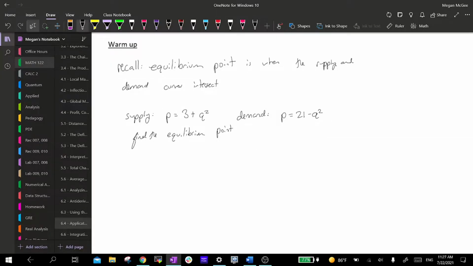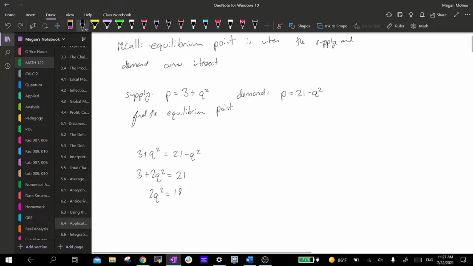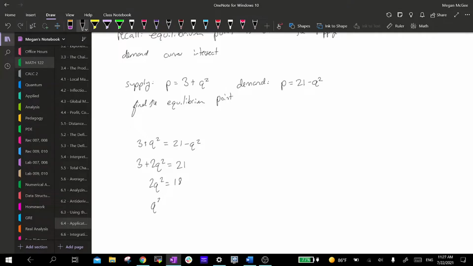So we have 3 plus Q squared is equal to 21 minus Q squared. We'll add Q squared to both sides, so we get 3 plus 2Q squared is equal to 21. Subtract 3 over, so we have 18, and then divide by 2, so Q squared is equal to 9.